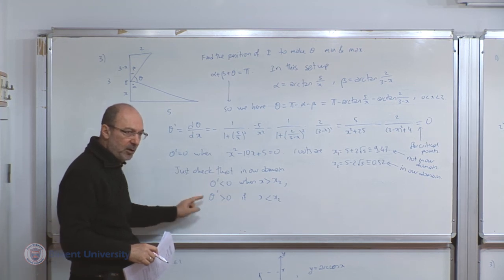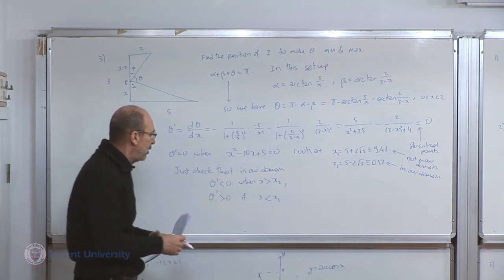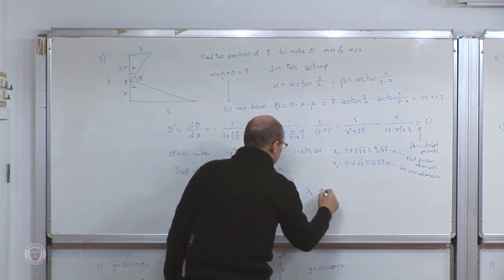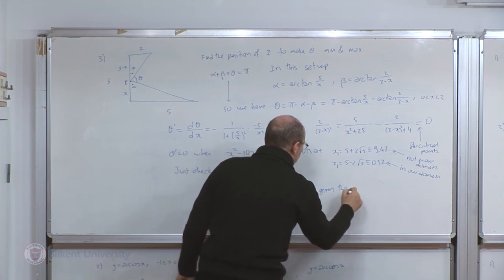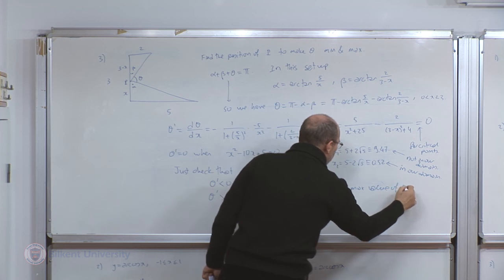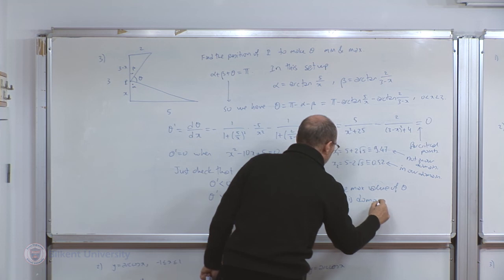Theta prime is positive. The function increases and then decreases. Okay, so then this must be the maximum. x2 gives the maximum value of theta in this domain.